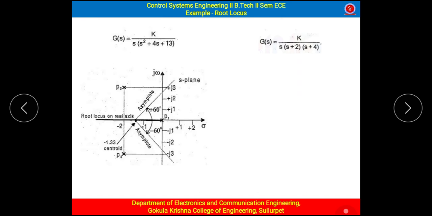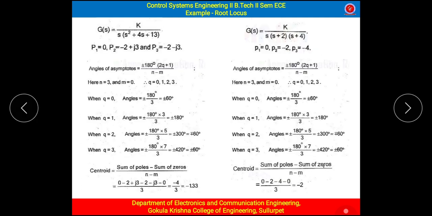Starting from this particular point, 60 degrees from the original axis is the first one, 180 is the second one, then minus 60 is this one, and again 60 will come. If you observe, the fourth one is the same as the first one, so it is repeating.